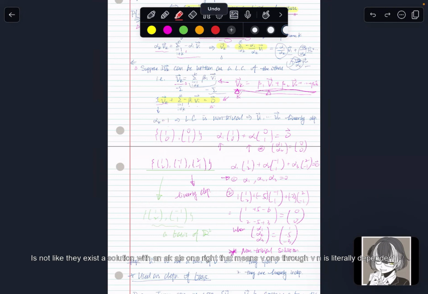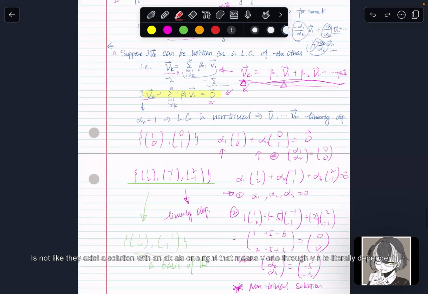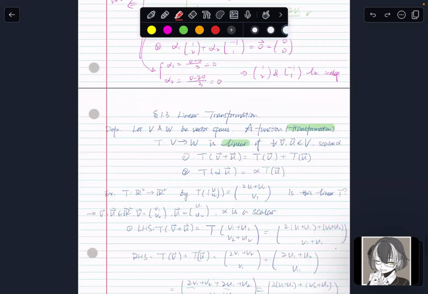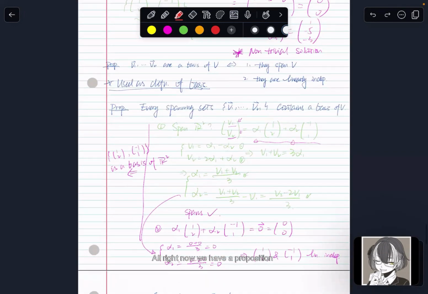All right, that means v1 through vn is linearly dependent.